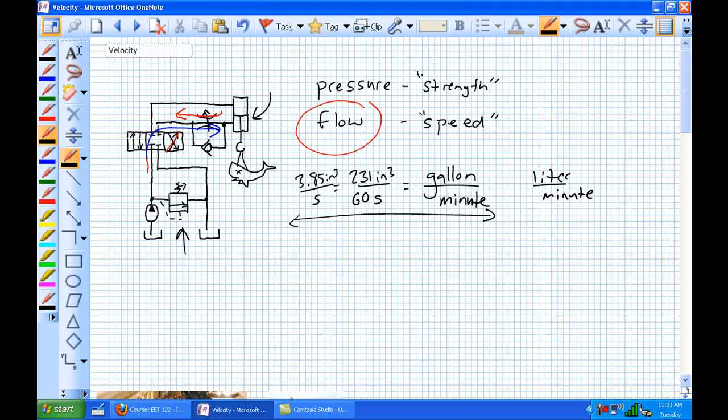So again, we're trying to raise this whale, i.e. retract the cylinder. As much flow as our pump can produce is going to get to this flow control valve, push that ball off its seat, and raise that as fast as possible. Let's say our pump is limited to 8 gallons per minute. All 8 gallons per minute, you're going to raise that whale as fast as possible.